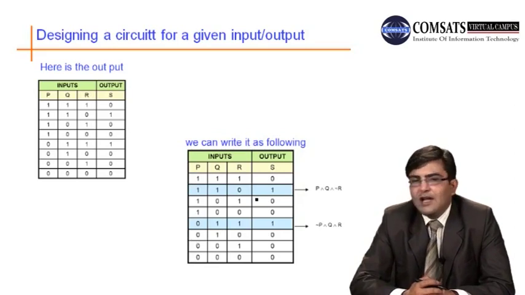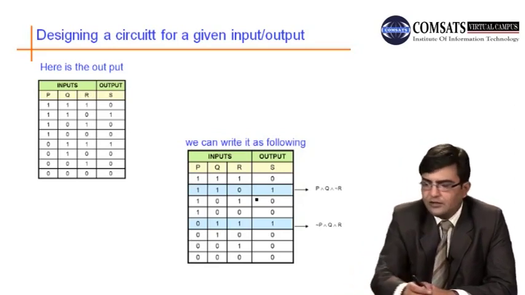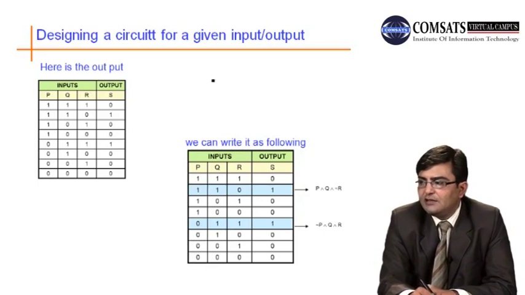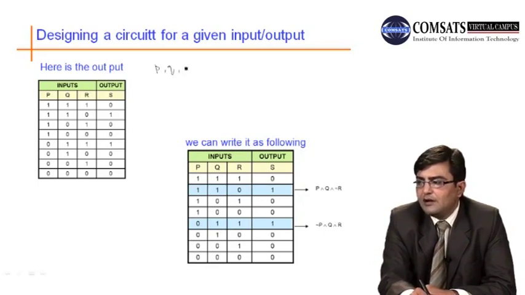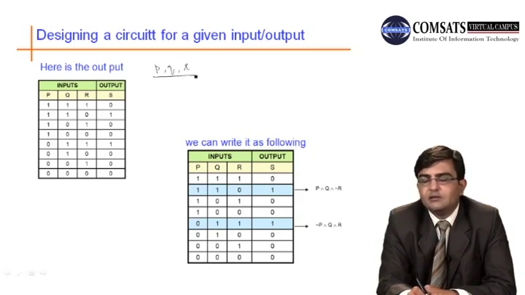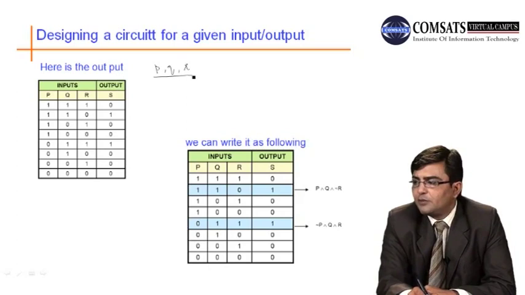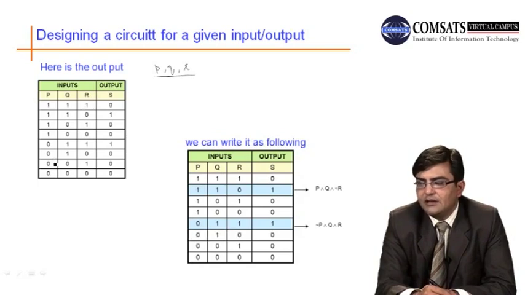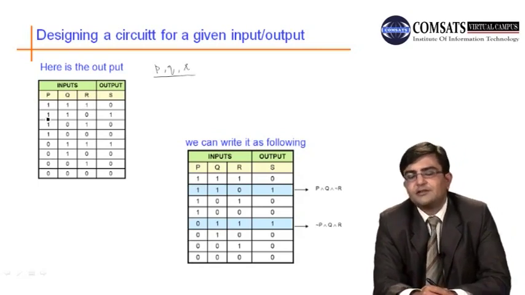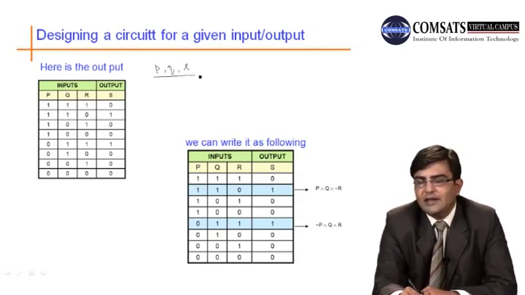So here, if we have a truth table, for example, in which we have 3 propositions PQR, the possibilities in the truth table will be 8.